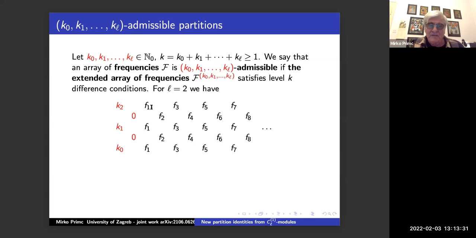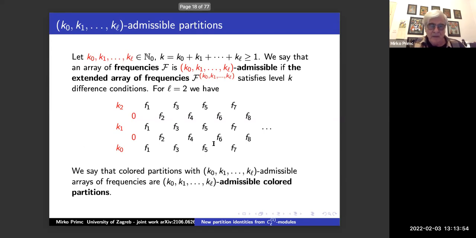So our black F satisfies a level K difference condition, but with these added imaginary frequencies, we added several new conditions on the array. So we shall say that colored partitions with K0 to KL admissible arrays of frequencies are admissible colored partitions with these parameters.